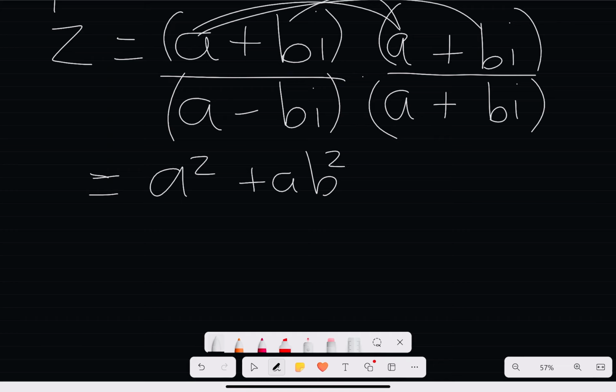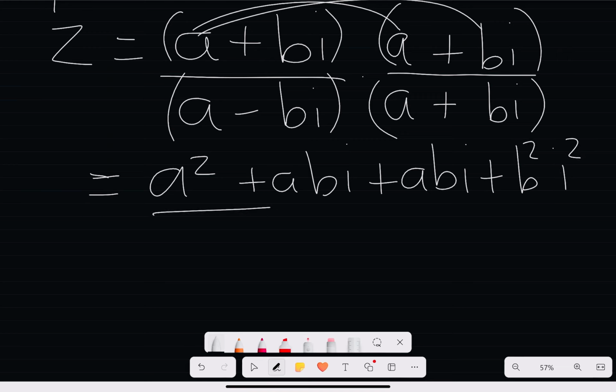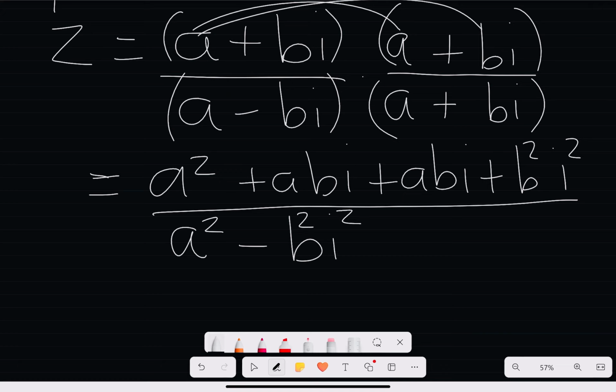And then this times that is plus another abi, plus b squared i squared, all over. At the bottom, I'm sure you can see that is a difference of 2 squares, so this will multiply that and that will multiply that. The middle terms are going to cancel each other. So we have a squared minus b squared i squared.